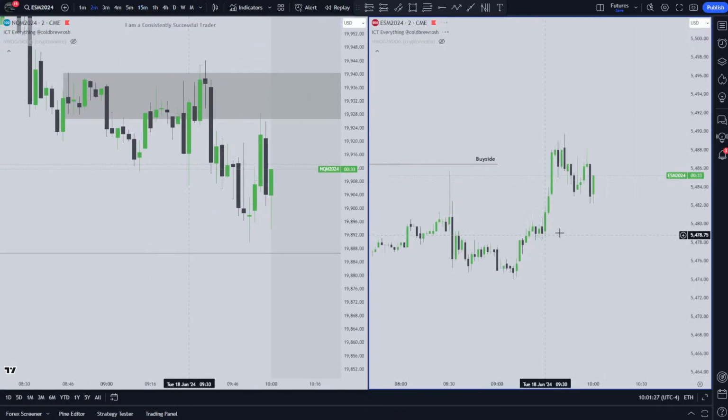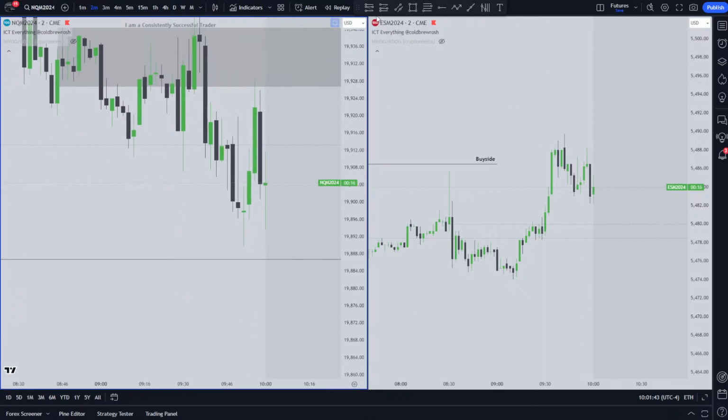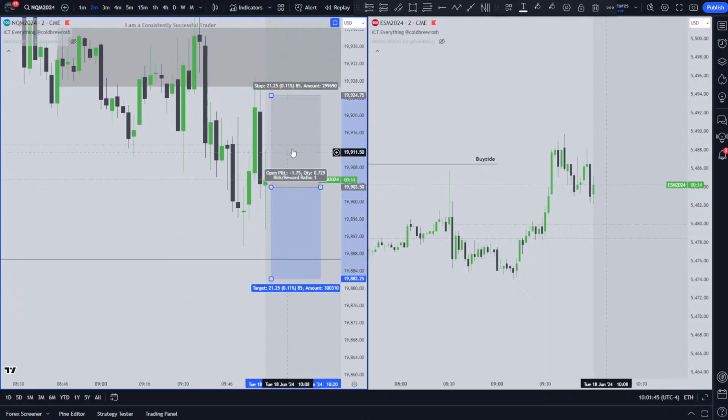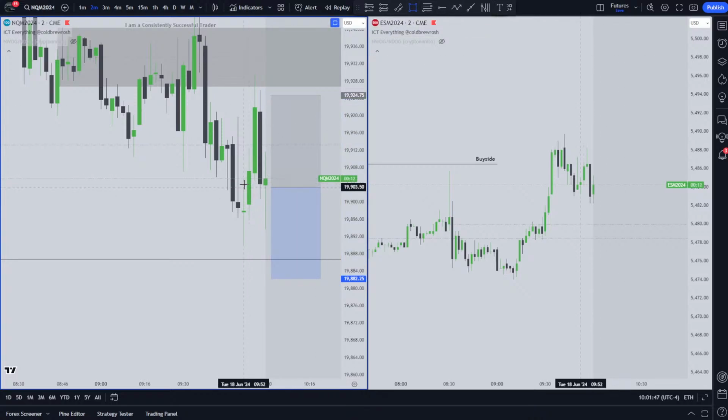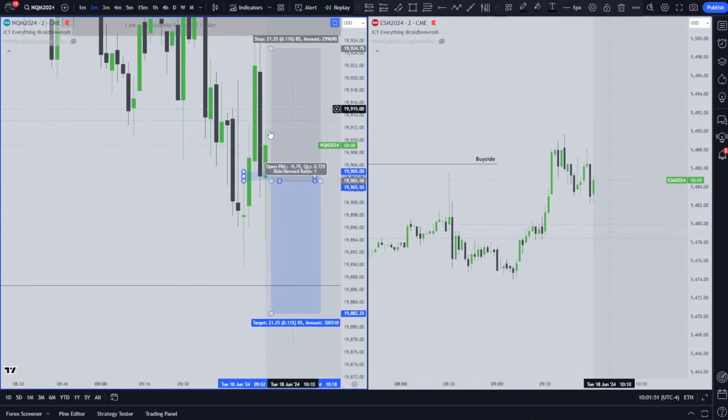I need to check the 2-minute. Is there a potential for a 2-minute sell here? I'm not doing this just yet. I'm just considering it as an option.